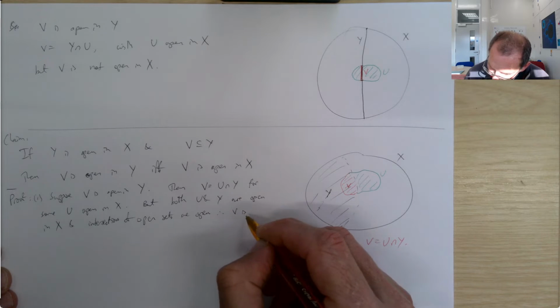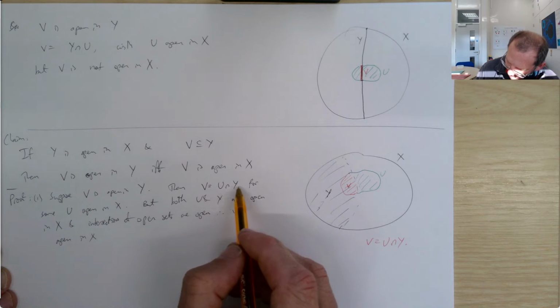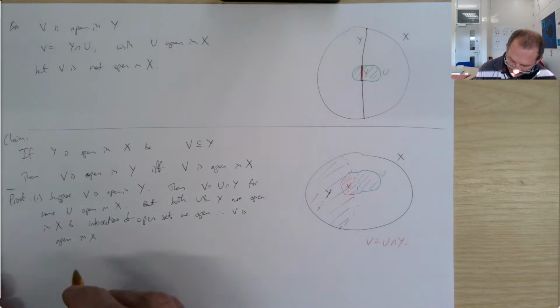So V is open in X. It's an intersection of these two sets, U and Y. U and Y are both open in X by assumption, and so V is open in X.